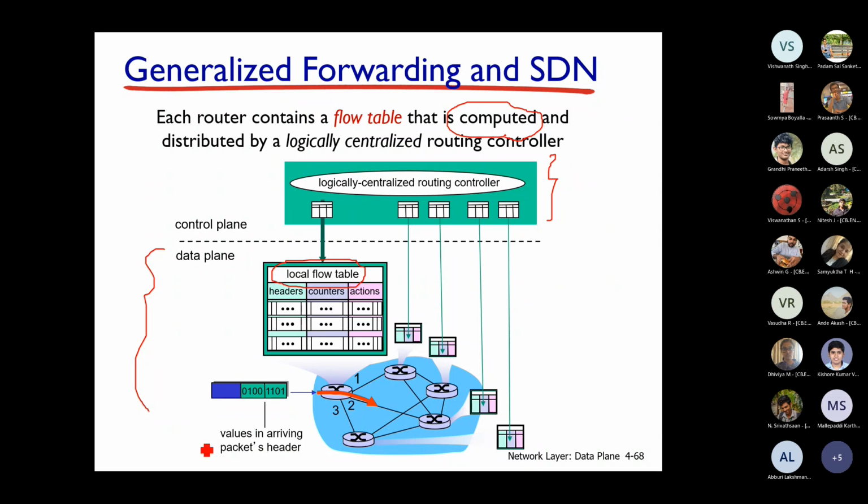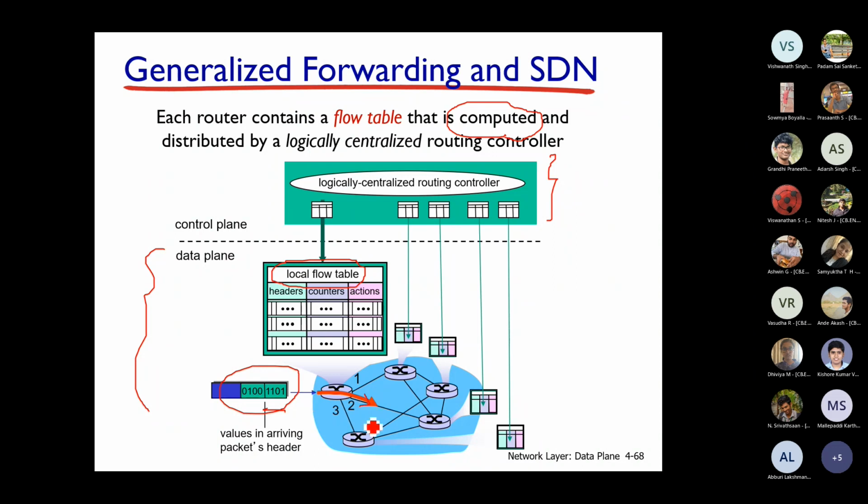So the values in an arriving packet header. Normally, in the flow table, as we already discussed in the separate table, if the header address, the destination IP address, ranges from this particular range to this range, immediately all packets will be routed to port number 2.